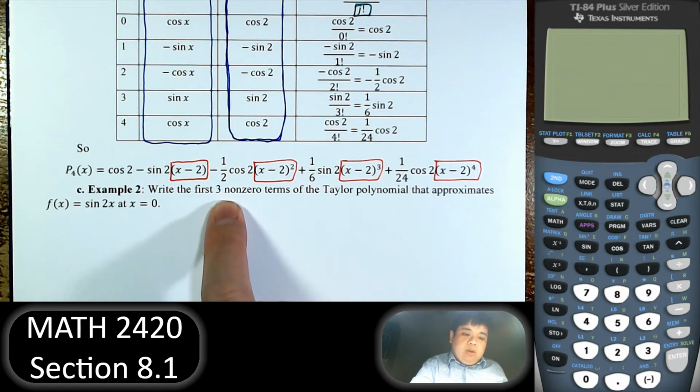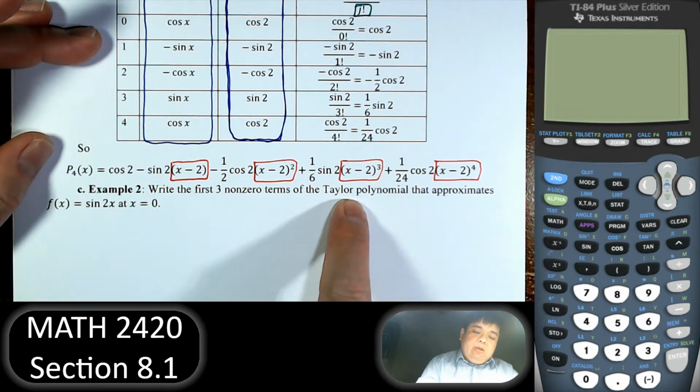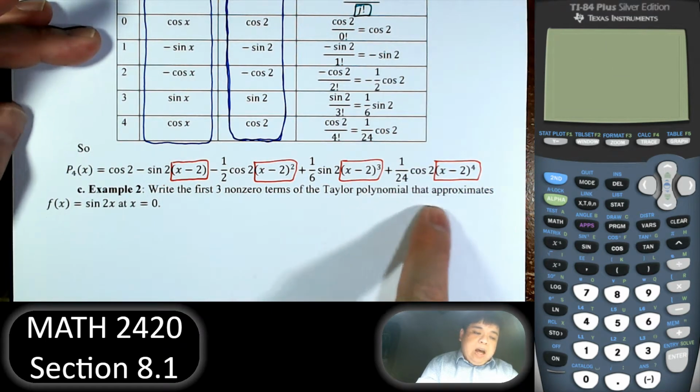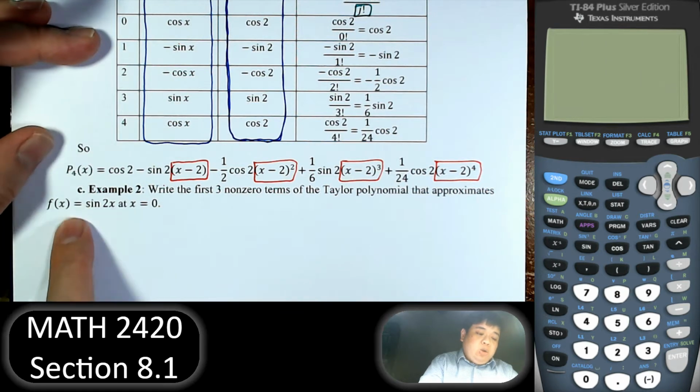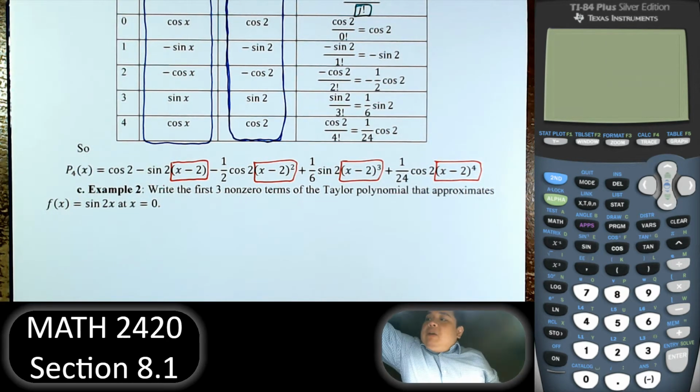Now let's just go to this one. Write the first 3 non-zero terms for the Taylor polynomial that approximates the function sine of 2x. So the function is sine of 2x and the center is at x0. We're going to make a table.